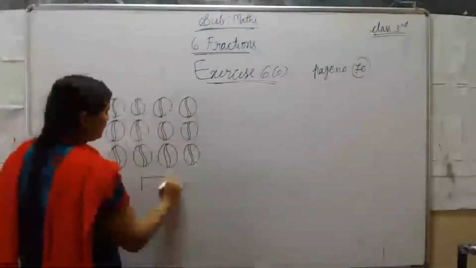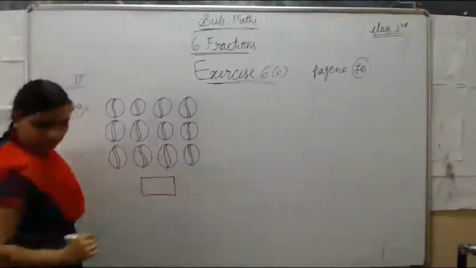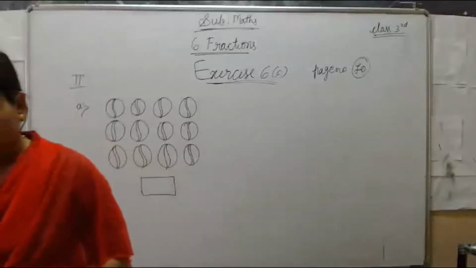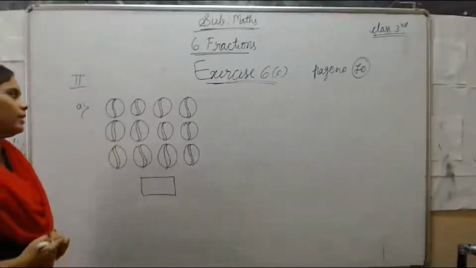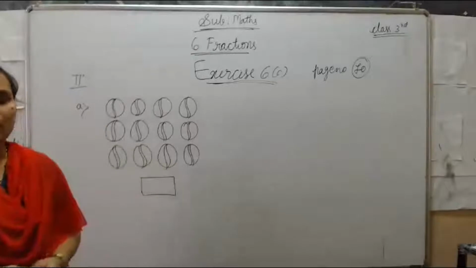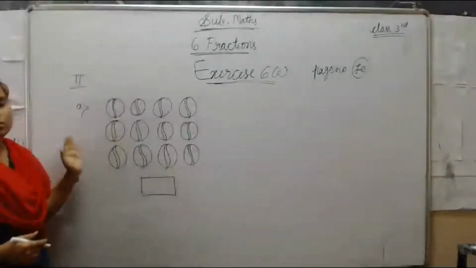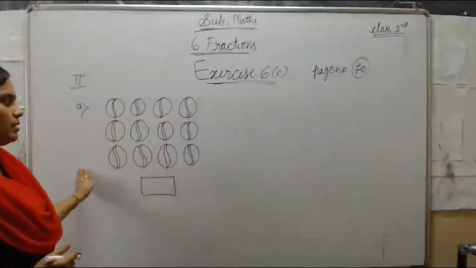Then how many objects do we get in each part? It can be divided into 2 equal parts.